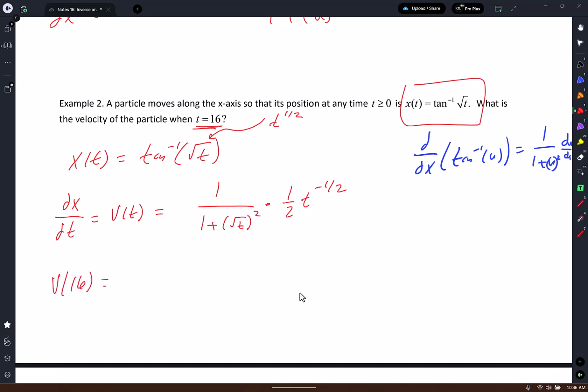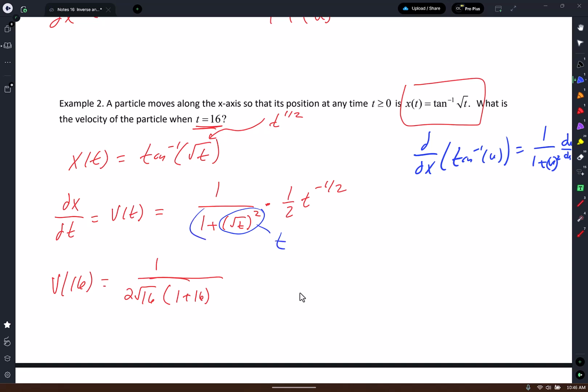So let's see. 1 over 2 square root of t, put a 16 in there, and then 1 plus square root of t squared. So that's going to be 1 plus 16. Is everyone okay? Okay, what happened? You see this part that I'm circling? That's just t.